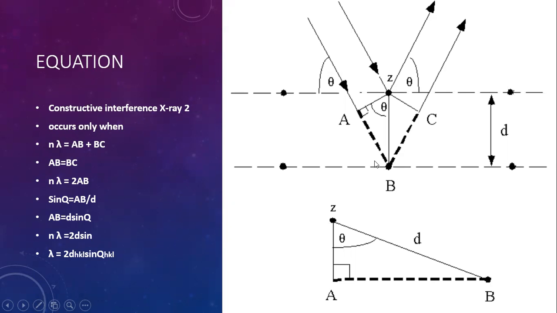Both angles will be the same, and the dotted line in this triangle refers to the length d, the distance between the two planes of atoms or layers of atoms.